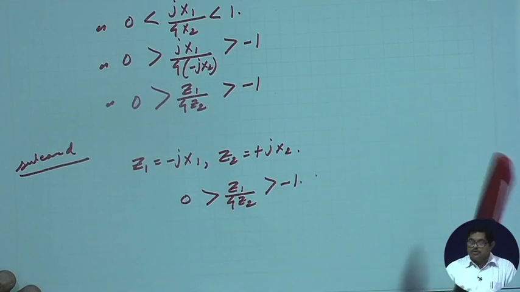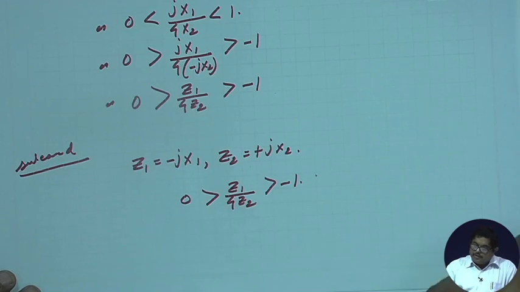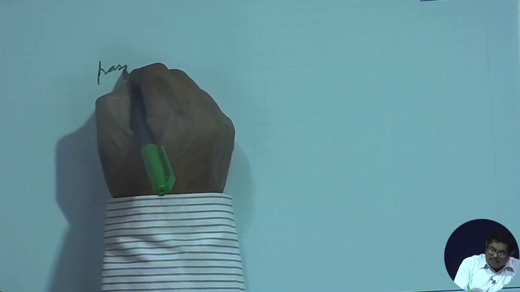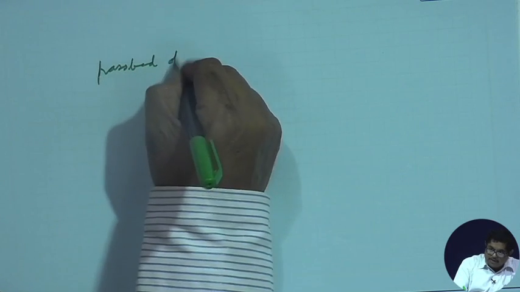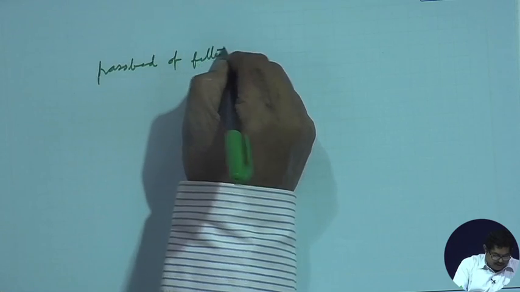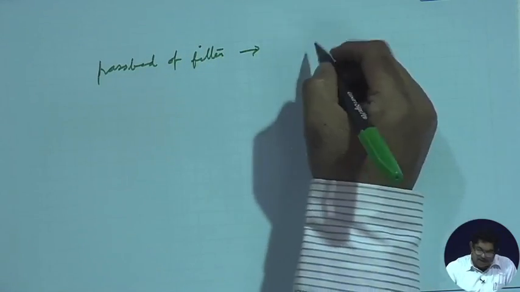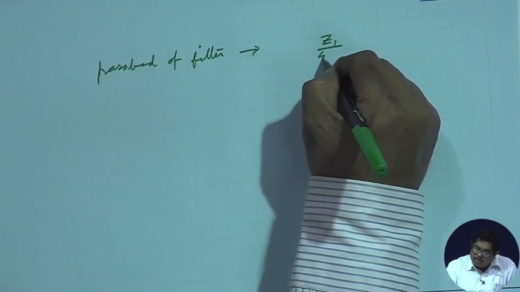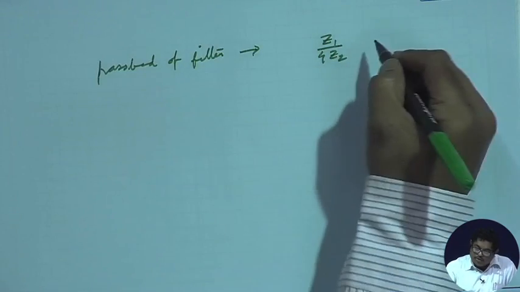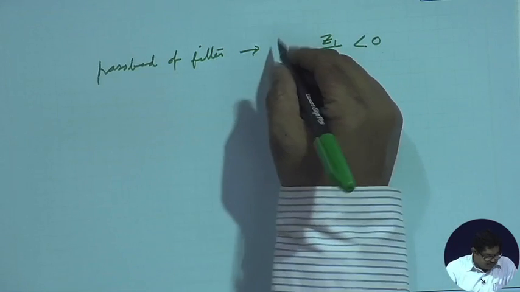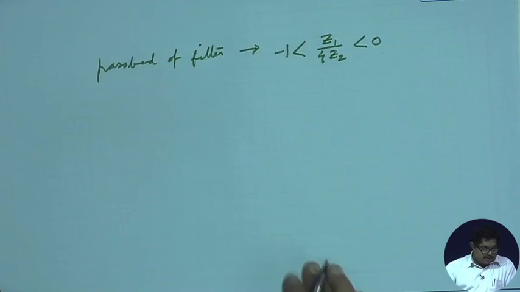So this shows that for the passband of the filter, this number Z1 by 4 Z2 should be within this range.